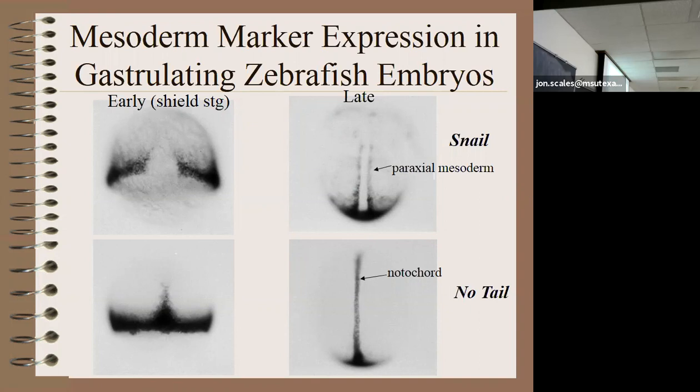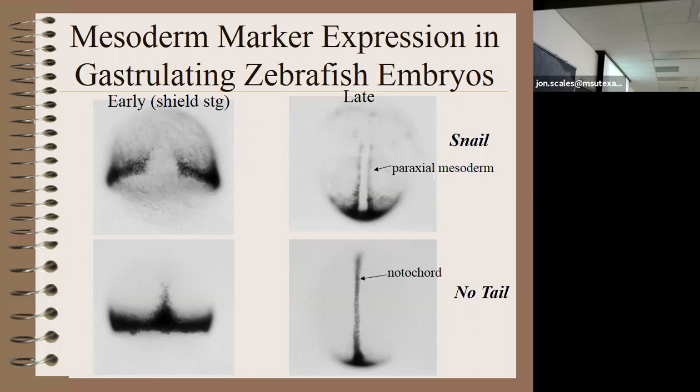Okay, and we'll either call it whole mount in situ hybridization or immunohistochemistry or immunocytochemistry. Sometimes it's even just called immunostaining for short. And you can detect where the RNA or the protein is being expressed, which cells have it, which cells don't have it. And both pieces of information can be important.